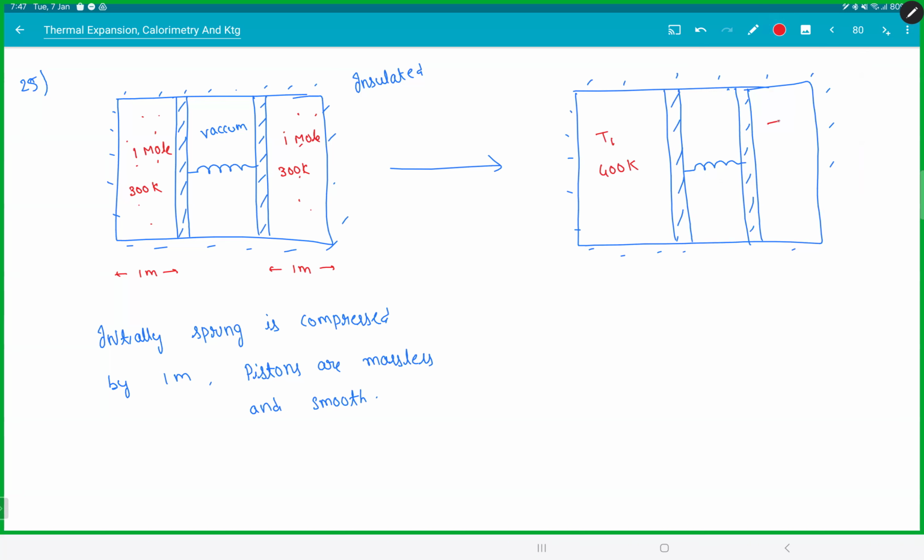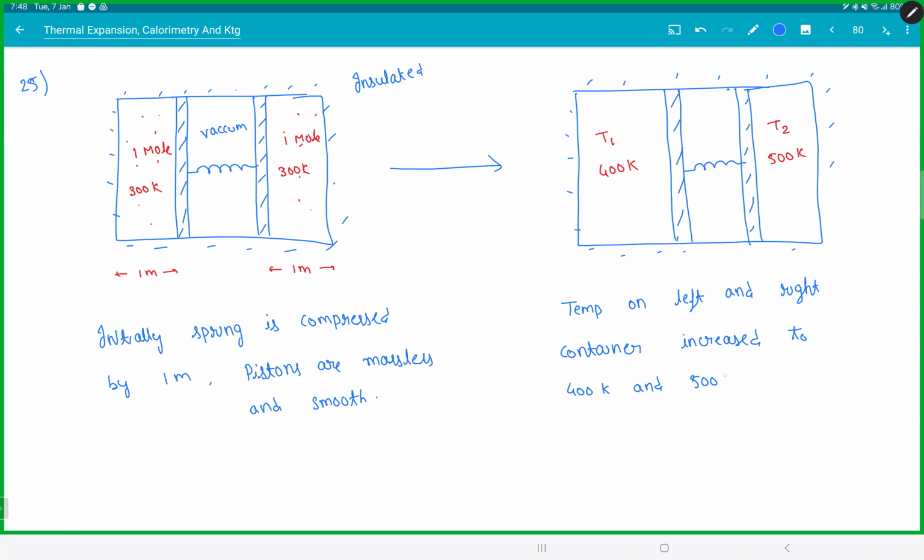On the right-hand side, you made the temperature T2, 500 Kelvin. So you did something and the temperature is changed on both the sides. So the temperature on the left container and the right container increased to 400 Kelvin and 500 Kelvin.